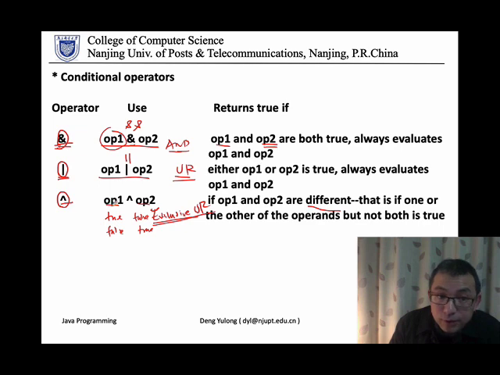But if they are the same, both true or both false, when we do the operation, we will return false. So if they are the same, the result is false. If they are different, the result is true. That is what this OR means. Okay?